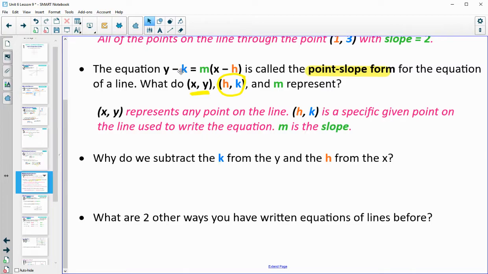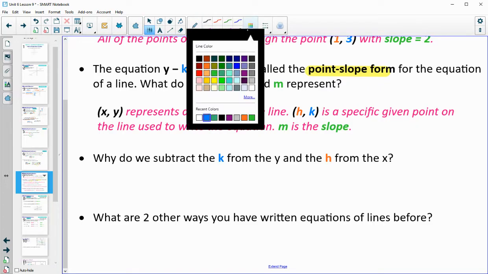Why do we subtract the k from y and the h from x? Do you remember why we did that? Remember that this y minus k was the vertical component of our slope triangle.